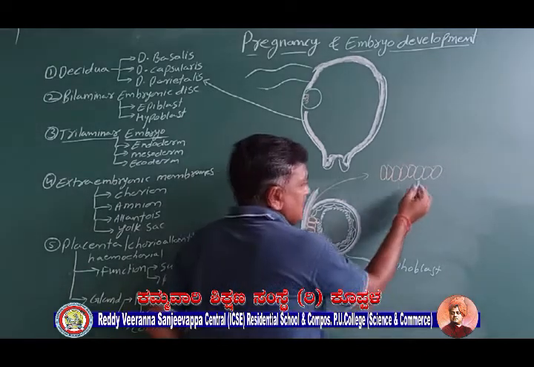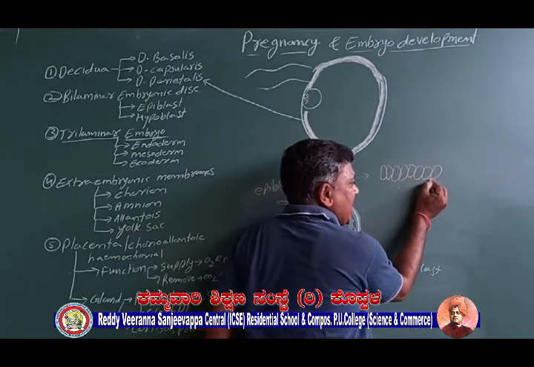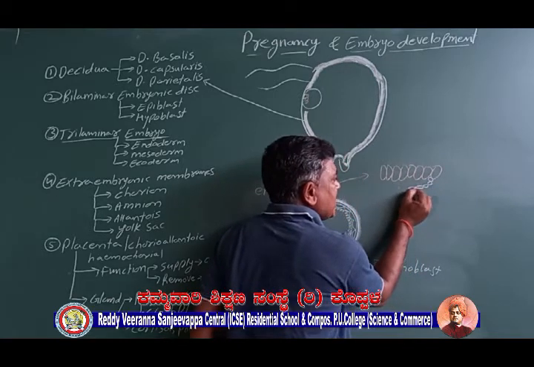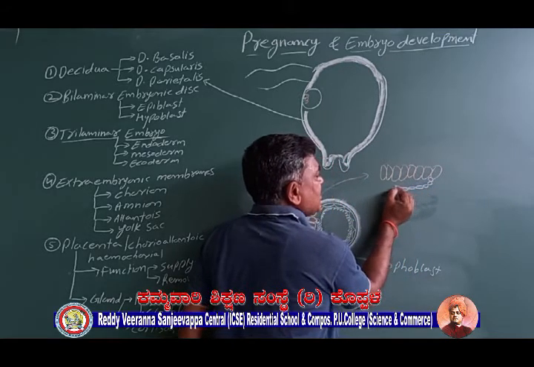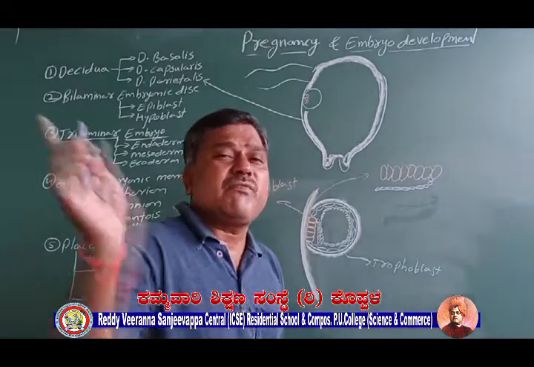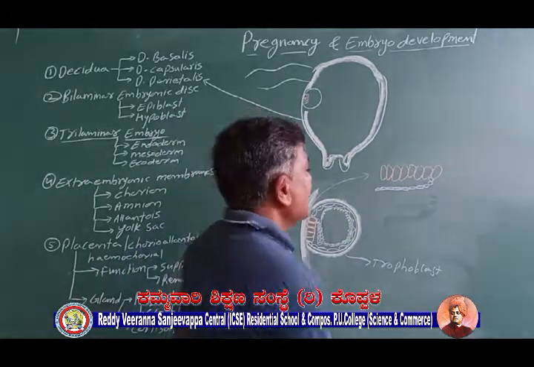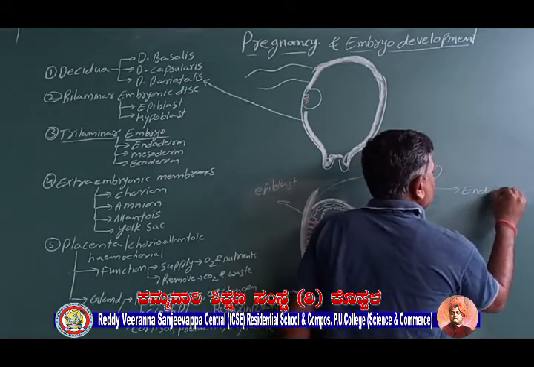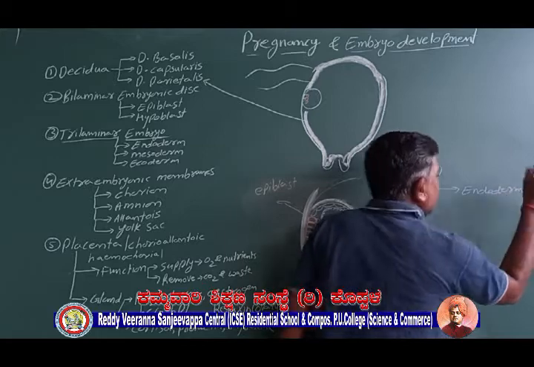Now some of the cells of the epiblast divide and separate, and there is growth and development, and this first layer which is formed is called endoderm.